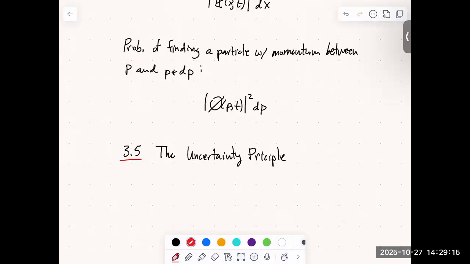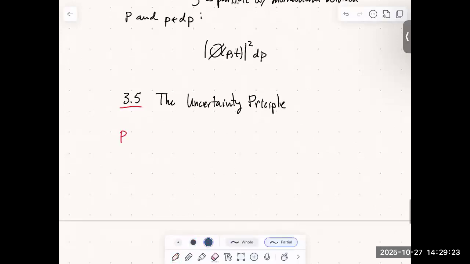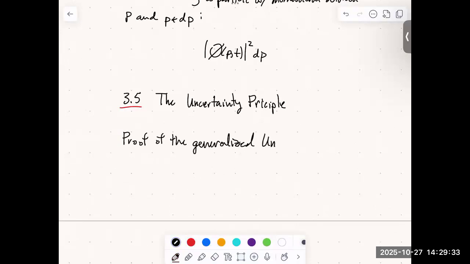So we're now in a position to see where that comes from. And so what we're going to try to do is a proof of the generalized uncertainty principle. And it's going to rely on some of the ideas that we've developed recently.